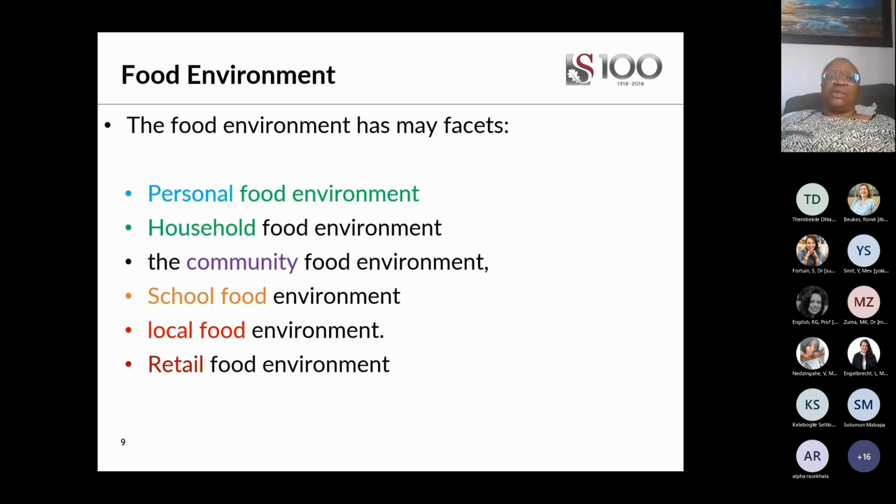So the food environment is not just one area. It has many facets, from the personal to retail. So there's a food environment at the personal level, household level, community level, school level, local, and retail. And these are some that I have selected.